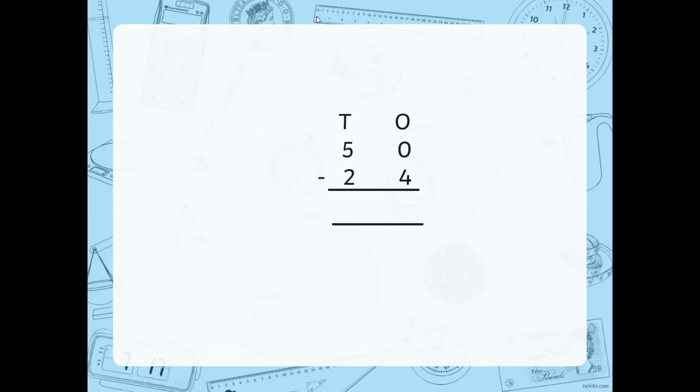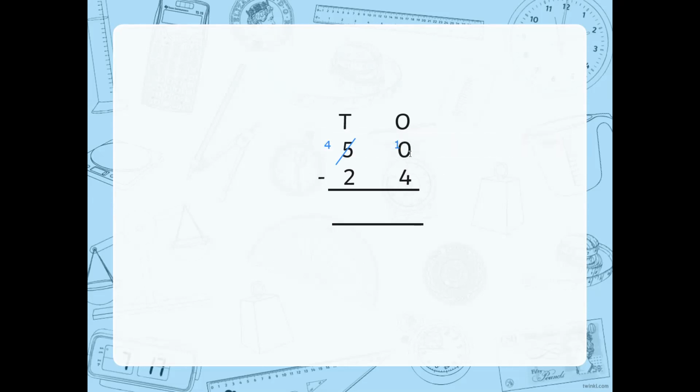Again, because we're finding the difference, we can use column subtraction if we prefer. So let's just check we get the same answer. Starting as always with the ones, 0 take away 4, we can't do, so we have to exchange. We exchange one of those tens, so we've only got 4 tens, and that 10 becomes 10 ones.